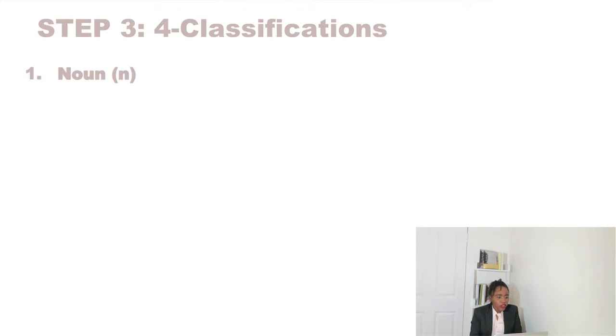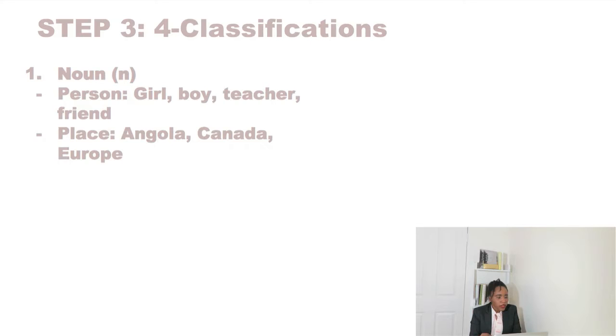So that sentence structure can further be broken down into 4 primary classifications, and one would be the noun, the noun group, which can be a person, in other words, a boy, a girl, teacher, friend. This could be a place or a country, a location such as any of these listed, or where you live.